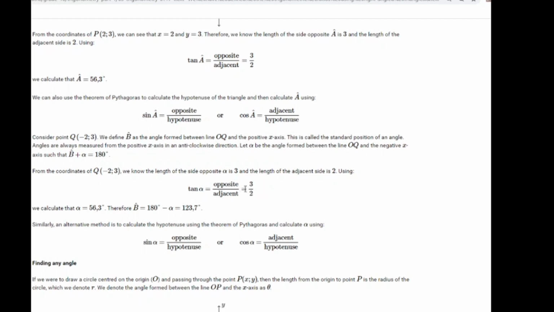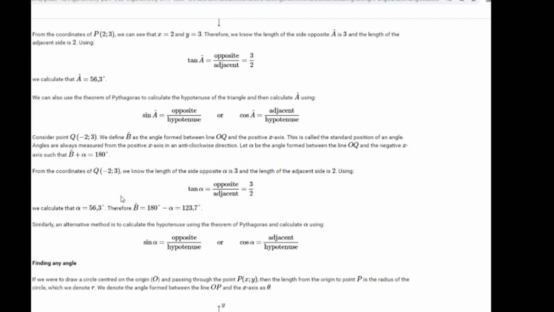Tan is opposite over adjacent. Therefore, alpha is calculated to be 56.3 degrees.